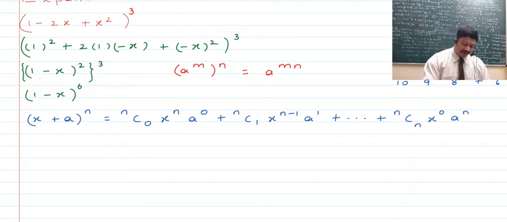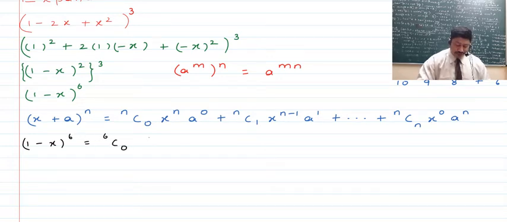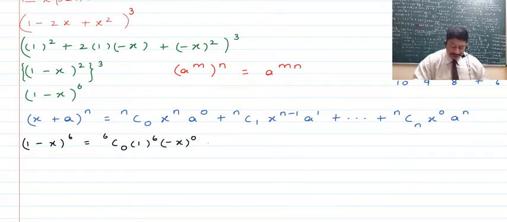Now further, when we expand this 1 minus x raised to the power 6, we can write this as 6C0 1 raised to the power 6 times minus x raised to the power 0, which will eventually become equal to 1.